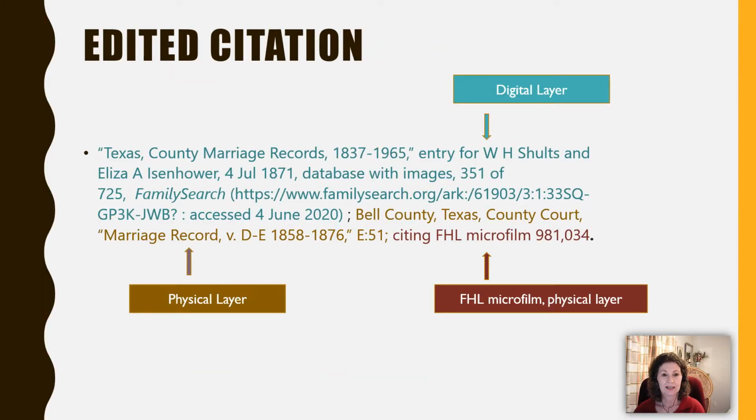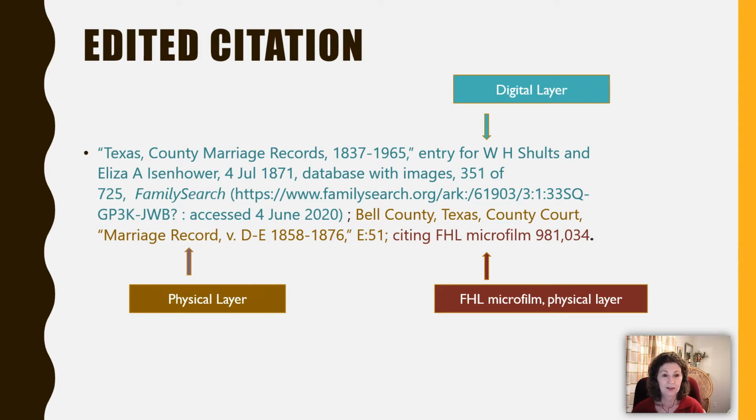So here's my edited citation, and to make it easy for you to see the different layers, I've colored those. The aqua blue is the digital layer, and then we have the physical layer in the brown, and then a third physical layer with the family history microfilm in red.